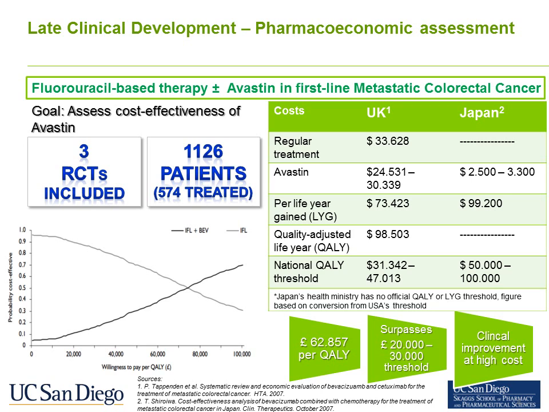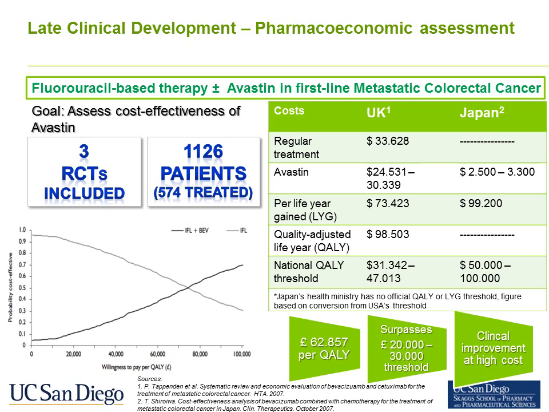On the left-hand corner, you can see a graph which combines the probability for cost-effectiveness of combination of bevacizumab against the willingness to pay per quality-adjusted life year, or QALY. The QALY here is shown in pounds. In the table, you can see the cost of treatment to add bevacizumab in UK and Japan.